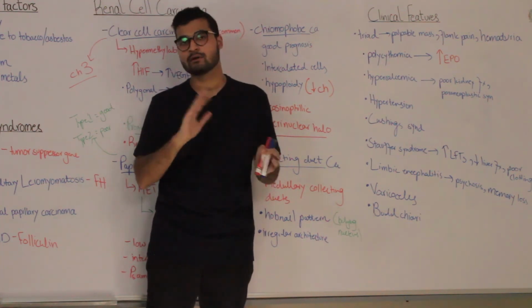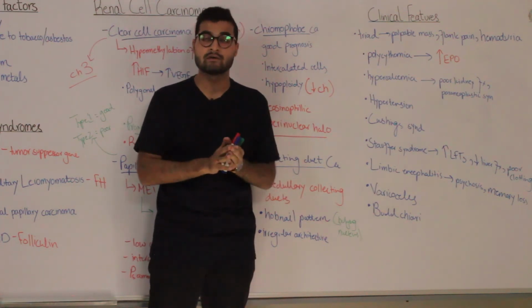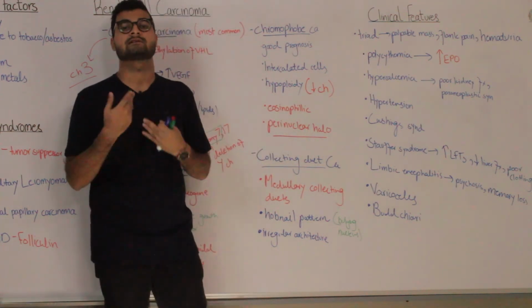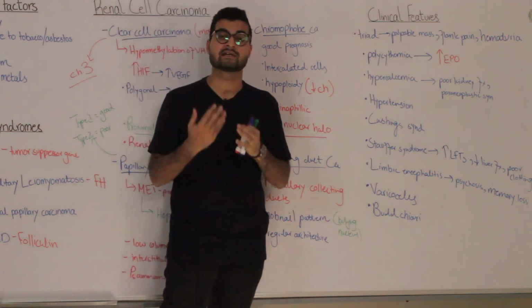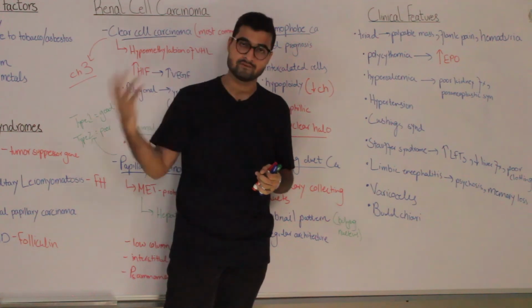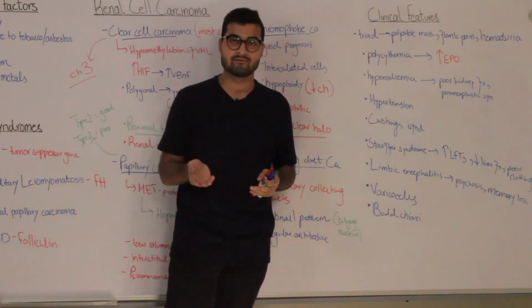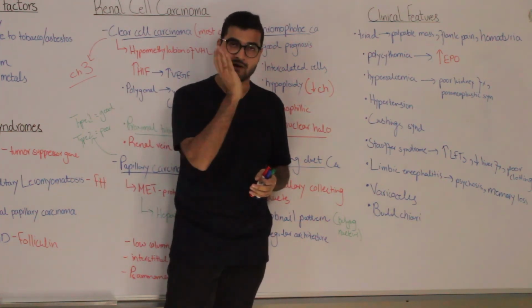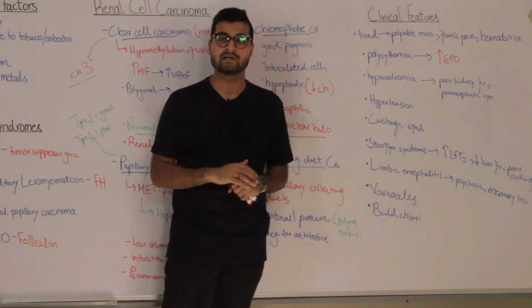That depends on how much the cancer has spread and how much the kidney is functioning, right? So it's either radical nephrectomy, that is removal of the kidney completely, or partial nephrectomy, that is removal of a tissue of that affected kidney.